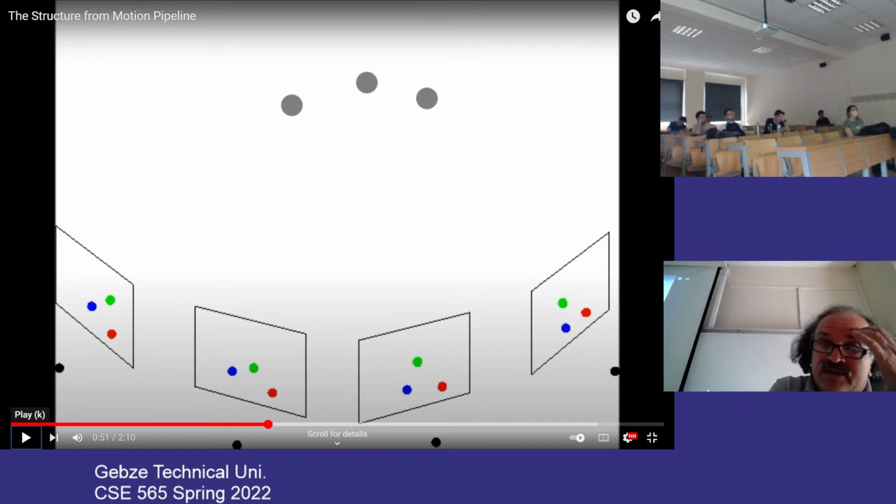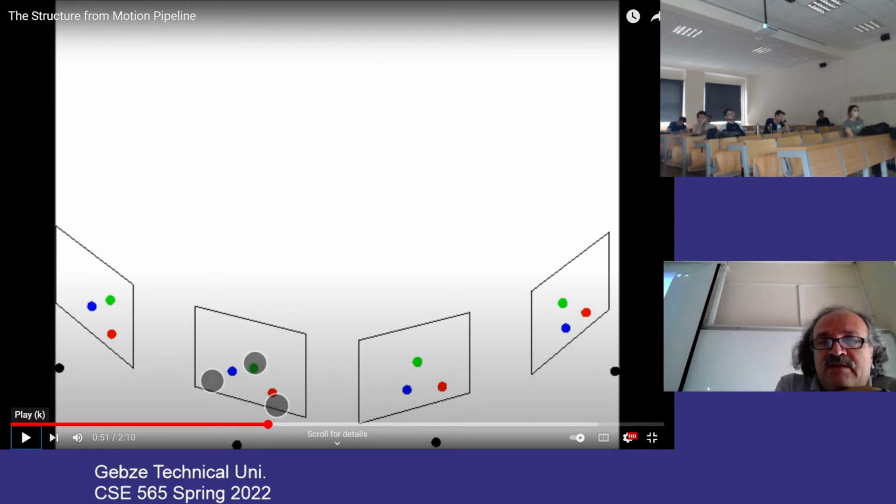I don't know their positions, X, Y, Z values, but I know their positions on those images, right? I know them because I found the correspondences. And the other thing is that I don't know the rotation and the translation components of this camera, R and T values, and then again R and T for this one.